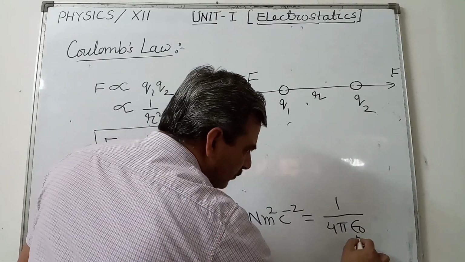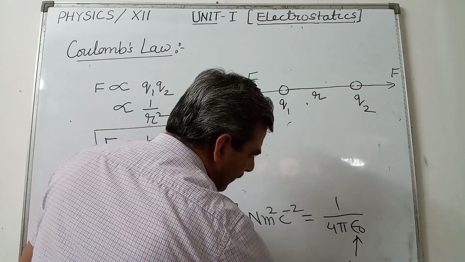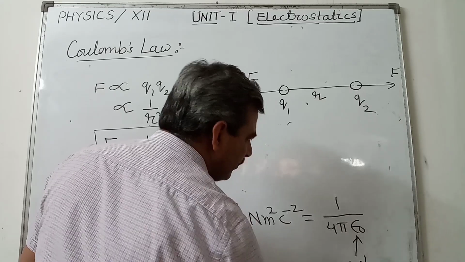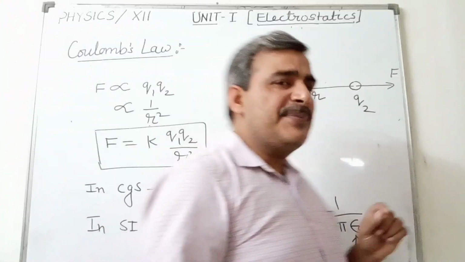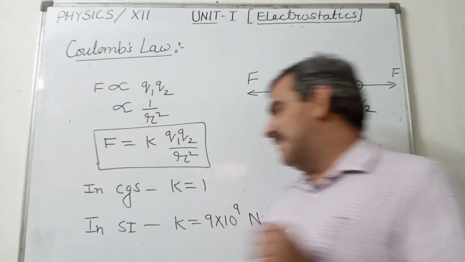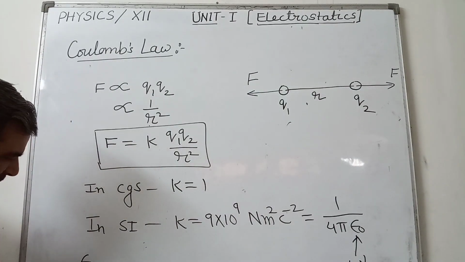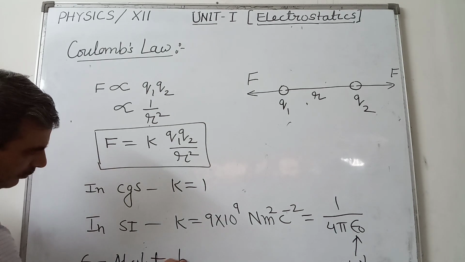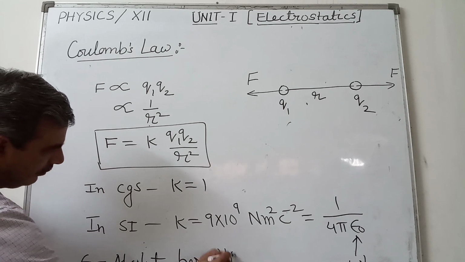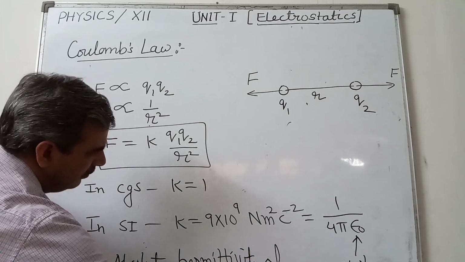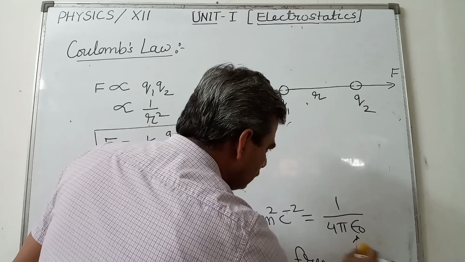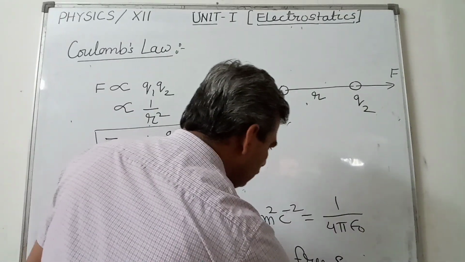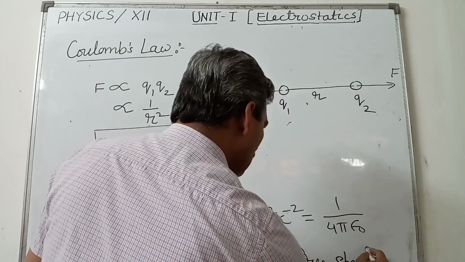This term epsilon naught is new for you. This epsilon naught is simply the absolute permittivity of free space, or vacuum.